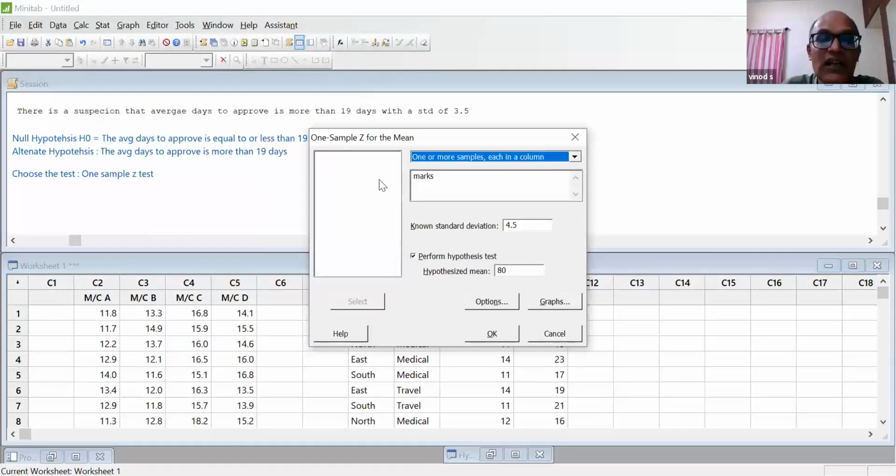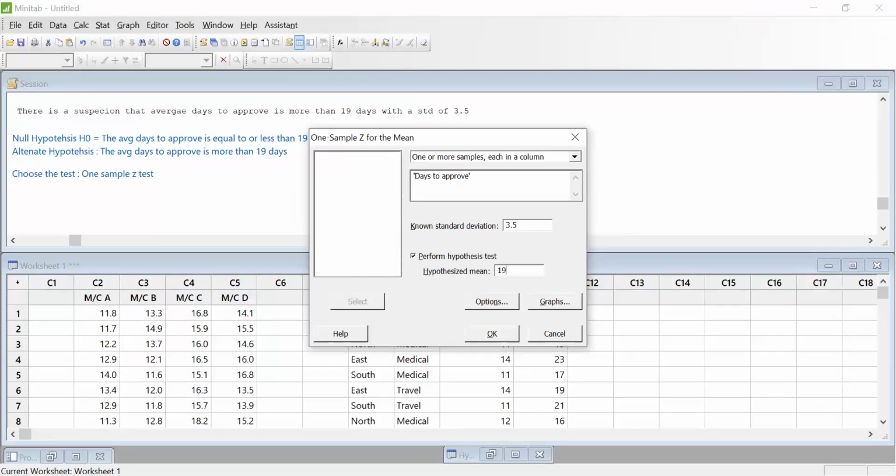So what is the days to approve? You just have to click days to approve, then Select. And what is the known standard deviation? 3.5, right? Now here we have to do a hypothesis test. So what is the hypothesized mean? It is 19, right? Now we are going to Options.